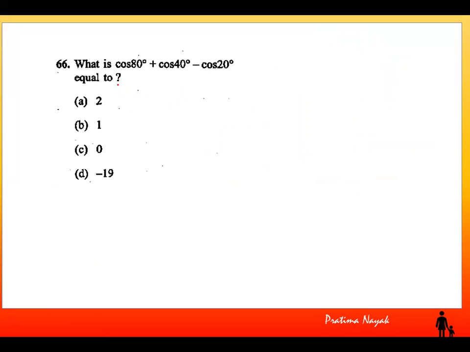Question number 66. What is cos 80 plus cos 40 minus cos 20 equal to? So what formula do you need here? For the first two, it is cos A plus cos B. Cos A plus cos B is equal to 2 cos of (A plus B) by 2 into cos of (A minus B) by 2.